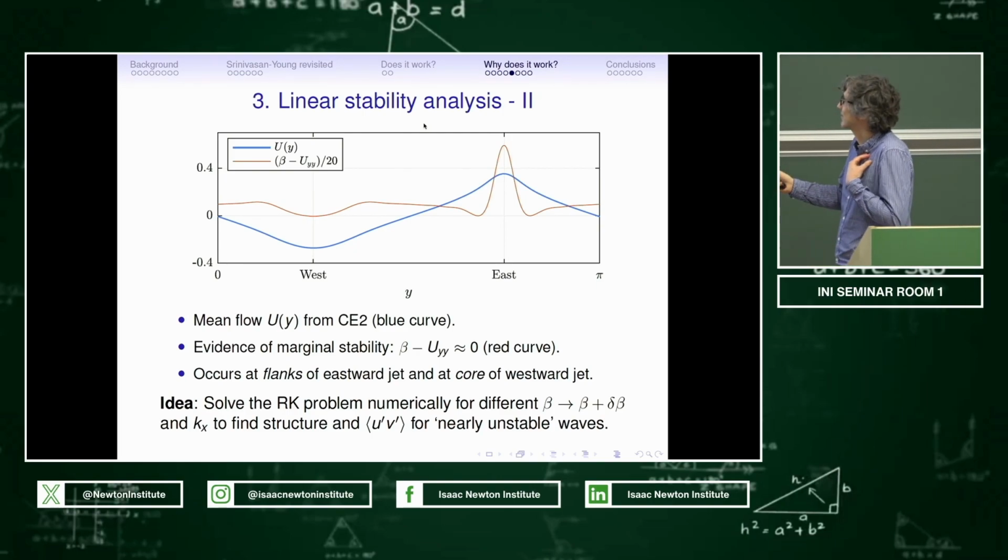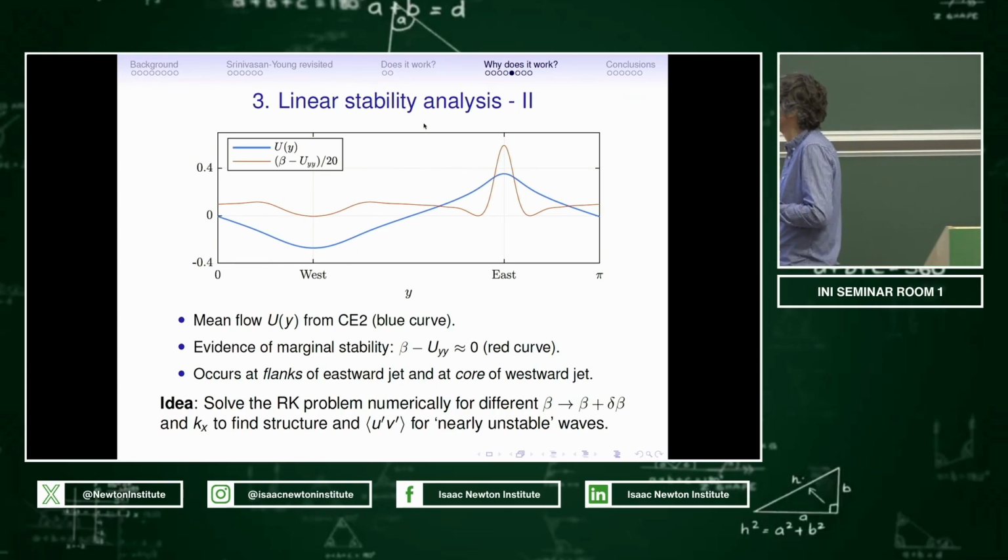These points occur at the flanks of the eastward jet and at the core of the westward jet. So the instability problems associated with the eastward jet and the westward jet are qualitatively different.